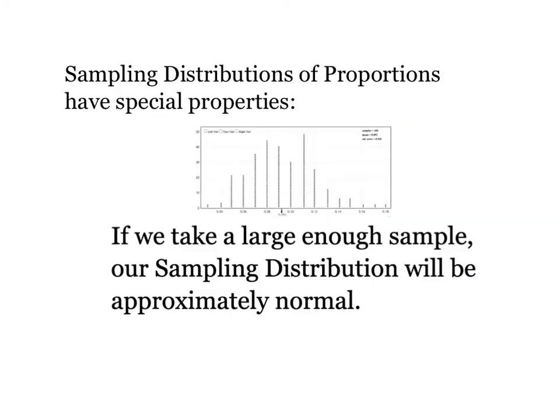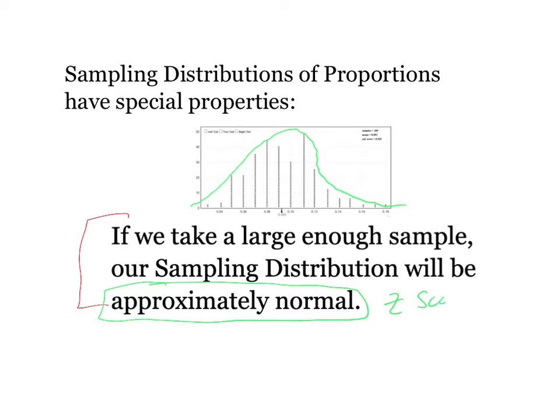Third property of sampling distributions is that if we take large enough samples, our sampling distribution will be approximately normal. If we just drew a real loose bell-shaped curve around this, you can see it's pretty bell-shaped. It's not perfect, but we would consider this approximately normal. Once we know a distribution is approximately normal, that allows us to use z-scores, where all we'll need is to know the mean and the standard deviation.